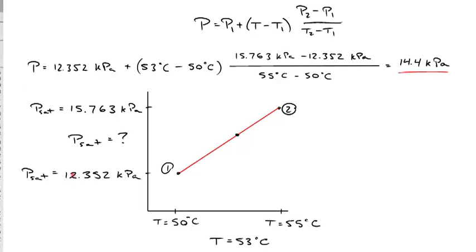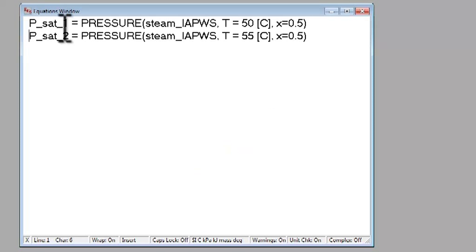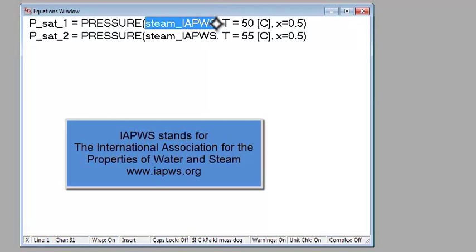To demonstrate this, let's recreate these numbers in EES, and I'm going to evaluate at 50 and 55 degrees. So here are two commands in EES that will recreate the tables in the back of your book. And instead of using water, it uses a function called Steam_IAPWS, and that's a more accurate equation of state than using either water or using steam, for example.